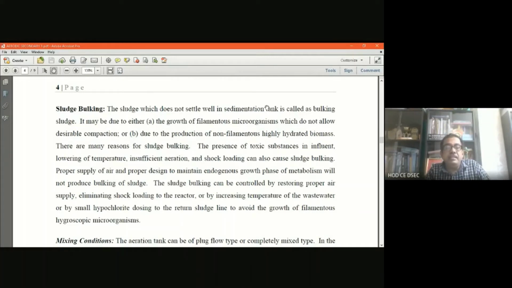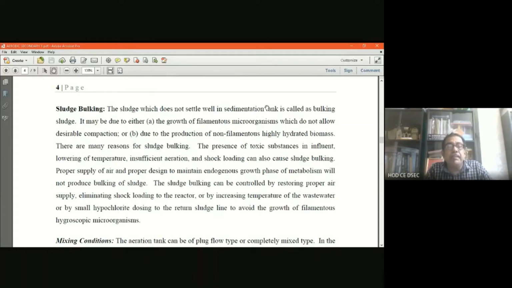Another reason is the production of non-filamentous, highly hydrated biomass, which will create sludge bulking. And why does this happen? Because of toxic substances present, or the lowering of temperature, or insufficient aeration, or fluctuations of flow, seasonal fluctuations like shock loading can also cause sludge bulking.